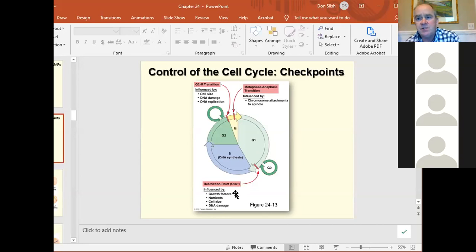So normally if a cell is not being stimulated by that, it will not divide. Then you've got these other things here on the slide, nutrients, cell size, cell damage, which is also important, especially in terms of DNA damage. We'll talk about that later with P53. If the cell has got DNA damage, P53 gets activated, and that blocks cell division no matter what.